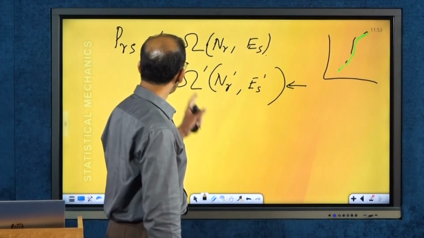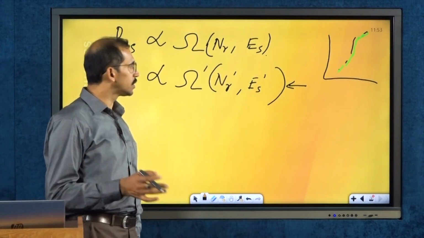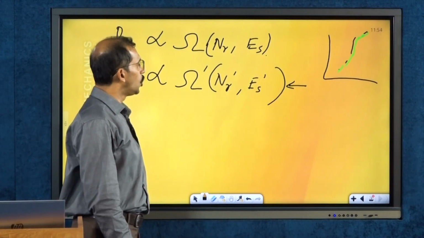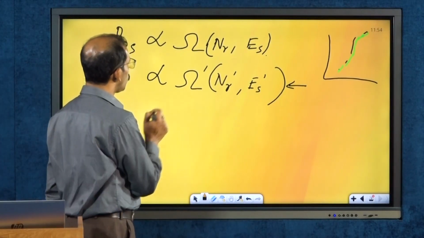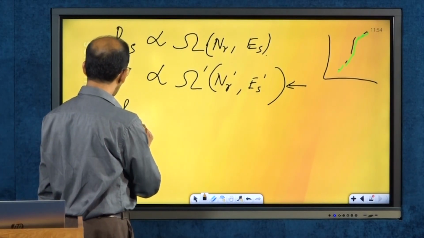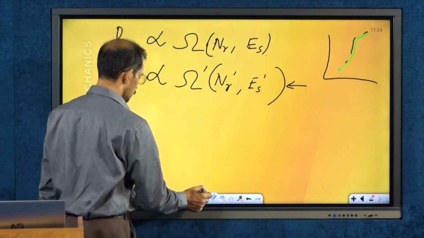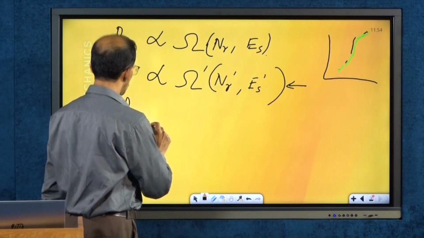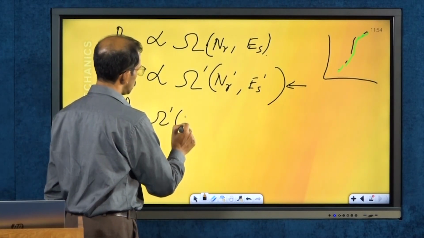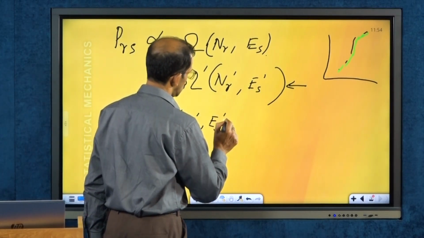So, how do we make this function a slowly varying function? What I will do is make this function a logarithmic function. Instead of omega dash, I will be using ln of omega dash N_R' E_S'.